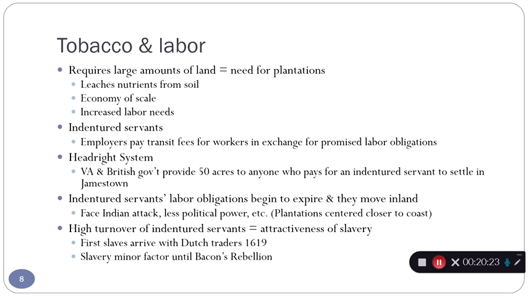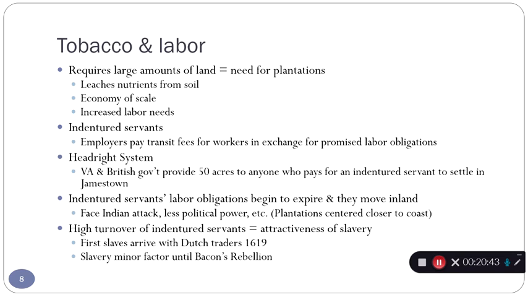So in the case of a cash crop like tobacco or sugar or indigo, the more land you have under cultivation, the more profit you will make, because the less your overhead costs will be.